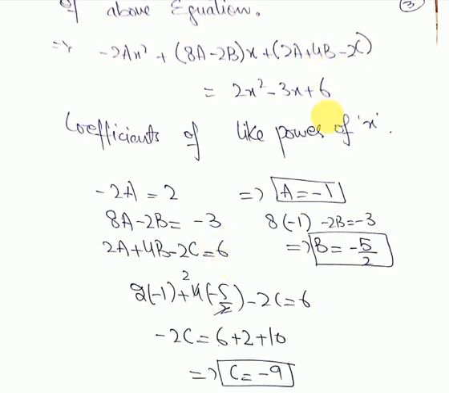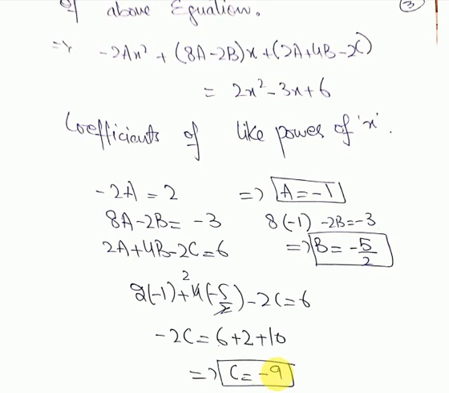Now, solving the equations by any method gives a is equal to minus 1, b is equal to minus 5 by 2, and c is equal to minus 9.